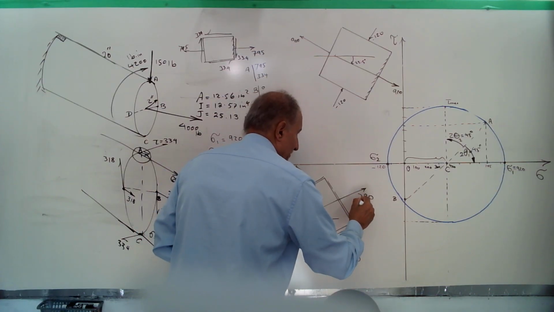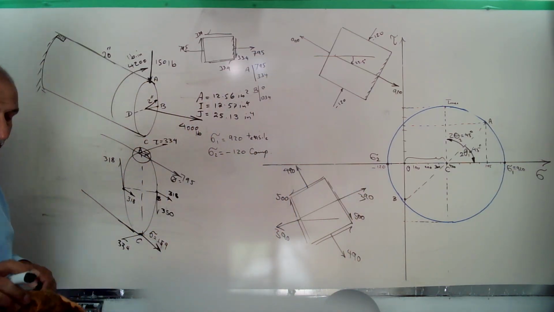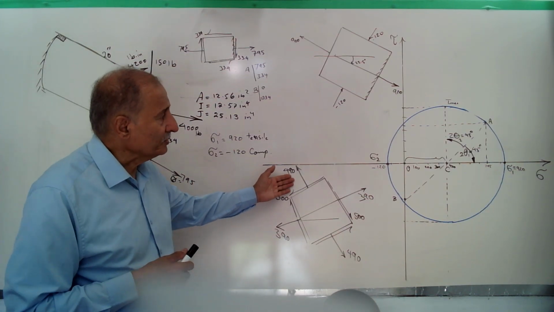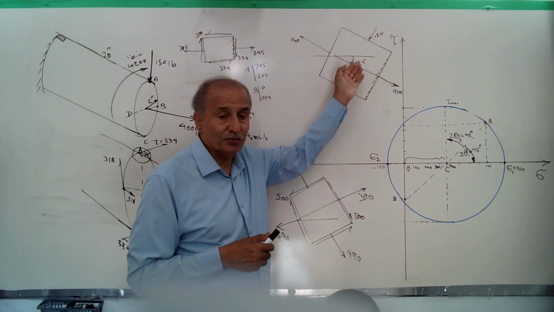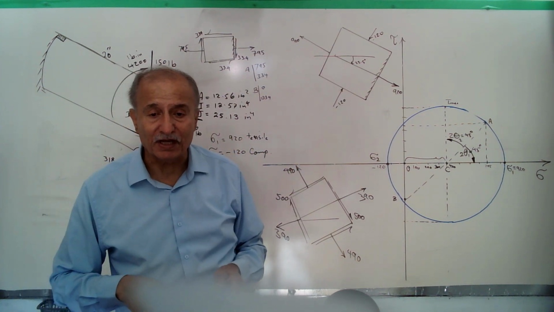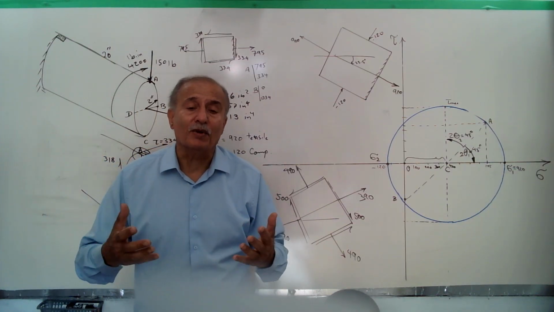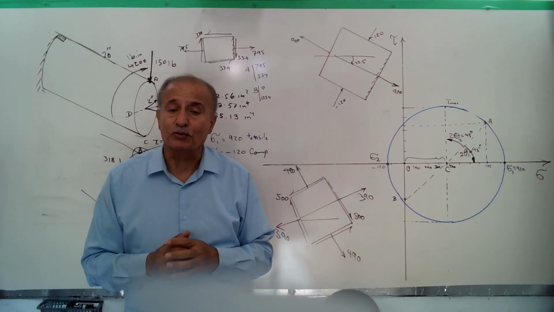Let's say 319, close to 400. Then this is the state of stress when tau is max. These are also called principal stresses. And we use Mohr circle to see what is going on inside the material. This is not in our control.